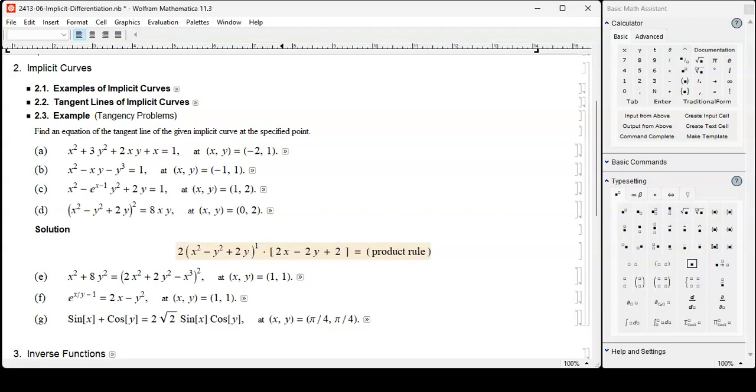Is that the derivative? No. 2x is okay, we took the derivative. Y squared becomes 2y times y prime. The derivative is 2 times y prime. Y prime pops up whenever you take the derivative with respect to y. Remember that. And the reason is the chain rule.